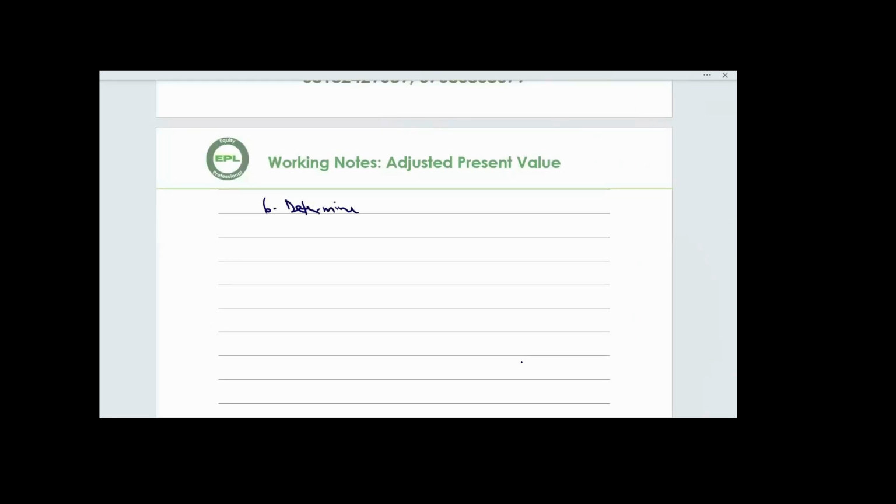Step 6 is to calculate adjusted present value. Sorry, determine PV of financing effects.